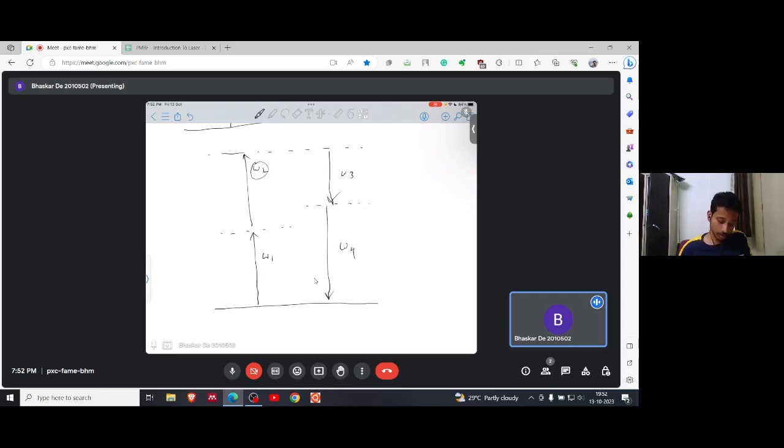So these are the angular frequencies of the two photons that are destroyed. So omega 1 plus omega 2 equals omega 3 plus omega 4. So these two processes are known as four-wave mixing.